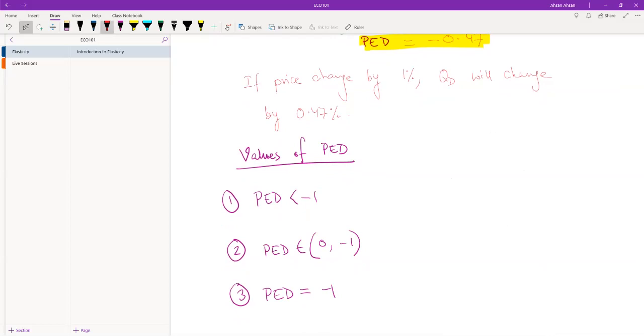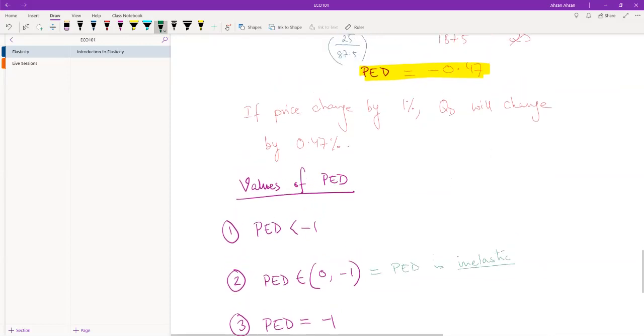If PED is between 0 and -1, what we say is that PED is inelastic. This is important. Inelastic. What that means is, for example, right here we calculated PED as -0.47. So that's between 0 and -1.